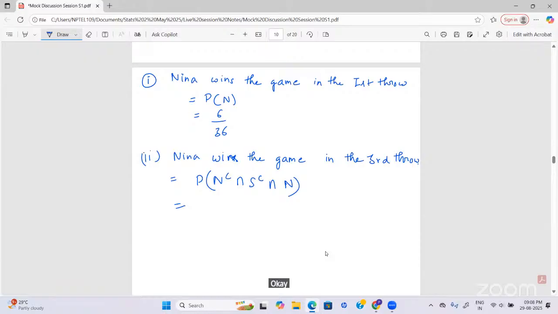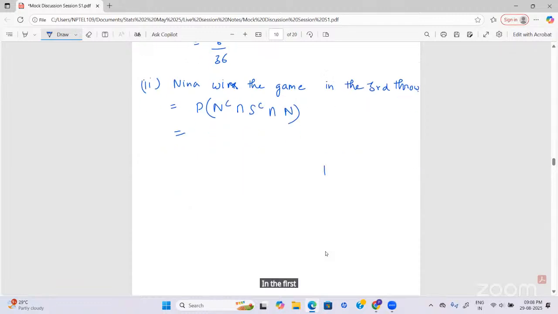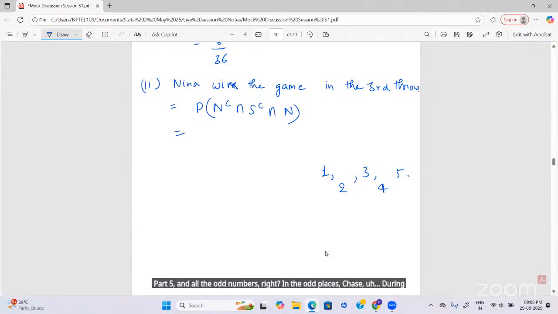Nina is beginning the game, so she is the first one to start the game. In the first chance, she will throw 2 dice. Then in the second chance, Sam will throw. Then in the third, Nina will throw. Then in the fourth chance, Sam again will throw. So she has the chances first, third, fifth, and all the odd numbers. In the odd places, she is throwing the 2 dice.